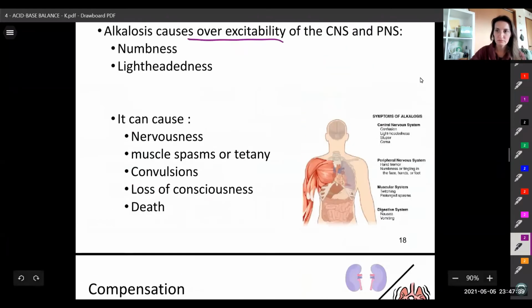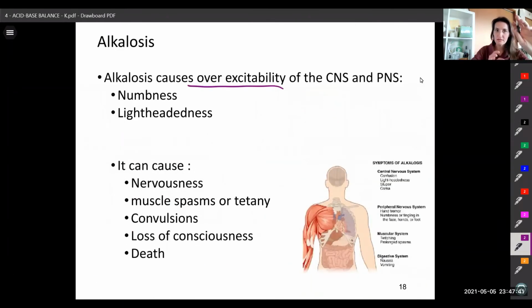And I will stress here that these symptoms we expect to see when we start with acid-base imbalance. If the individual starts with an acid-base imbalance, these are the types of signs and symptoms associated with those categories of condition, acidosis, alkalosis.